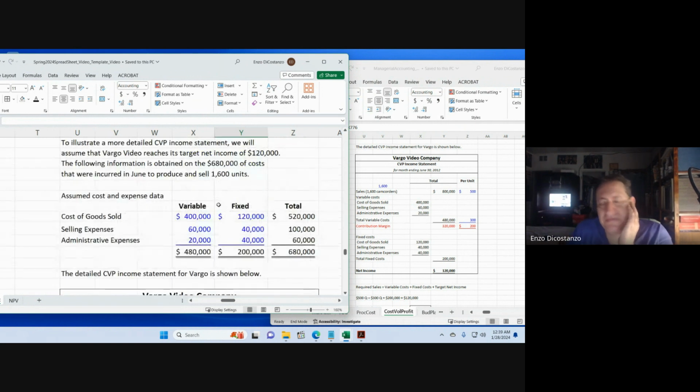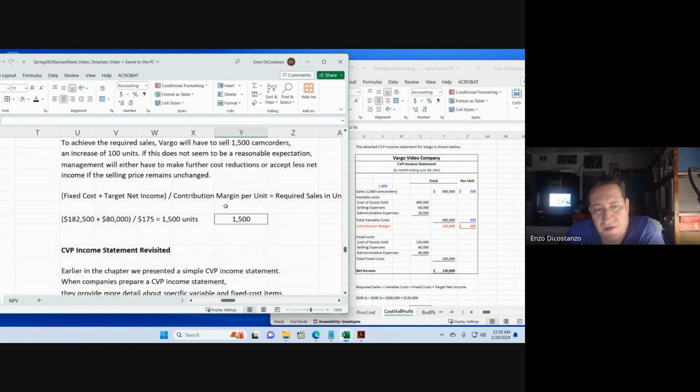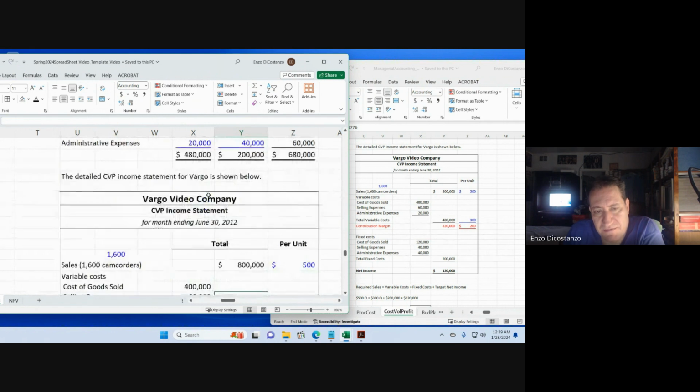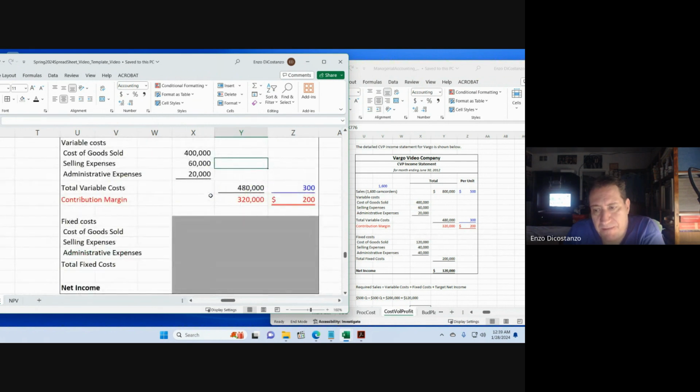The nuance in this particular problem is that the variable costs now are split. We'll do the same thing with the fixed.